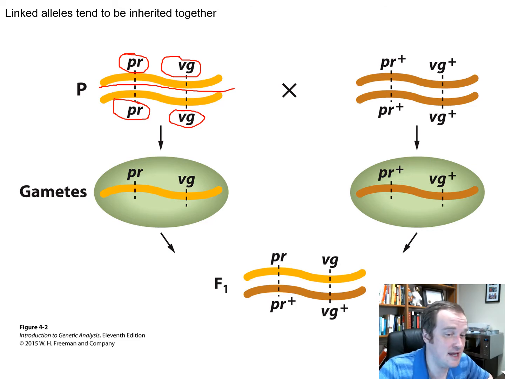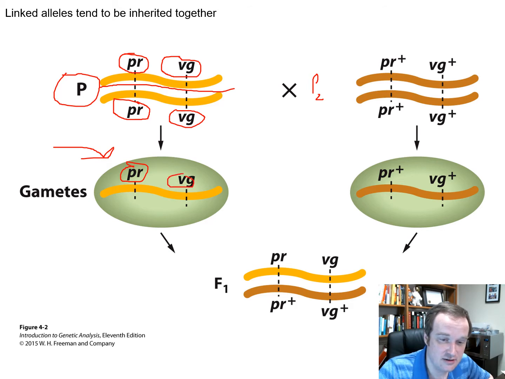If we were to mate this parent with parent number 2, our possible gametes would have both the PR and the VG gene on the same chromosome, in this case the wild type, and in parent 2 the mutated genes for PR and VG would both be on the same chromosome. Thus in the F1 generation, when those gametes come together, the mutants are both on the same chromosome and the wild type are both on the same chromosome, and you get one of each.